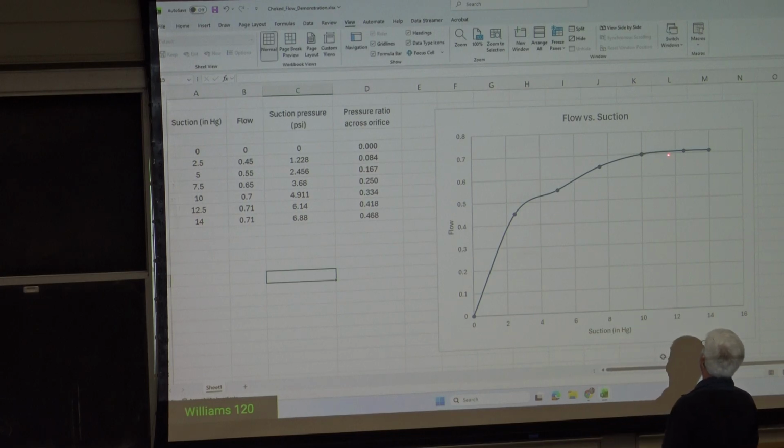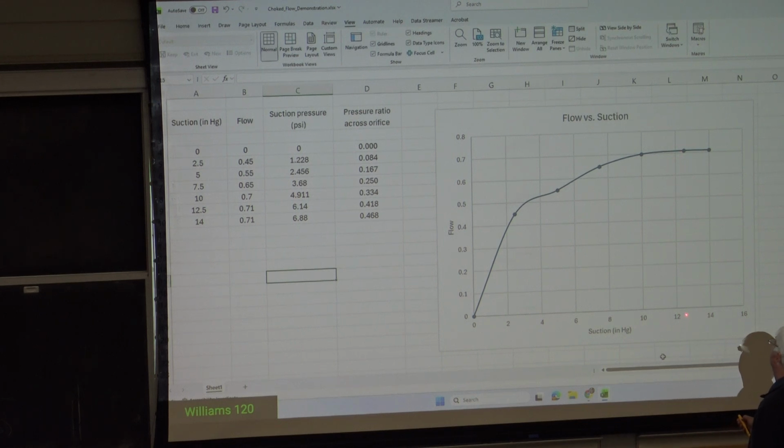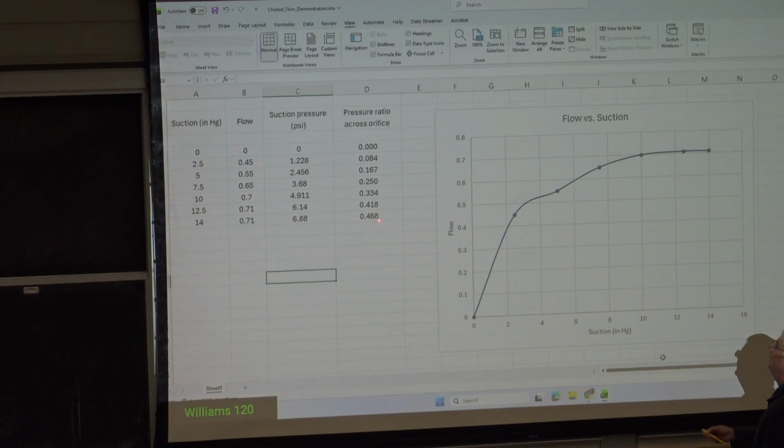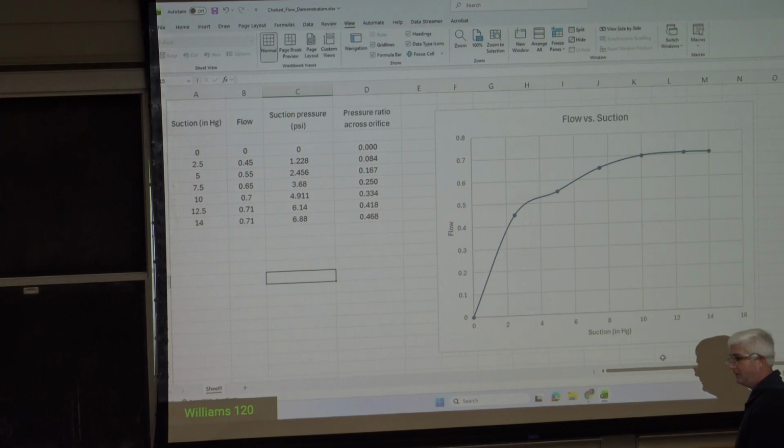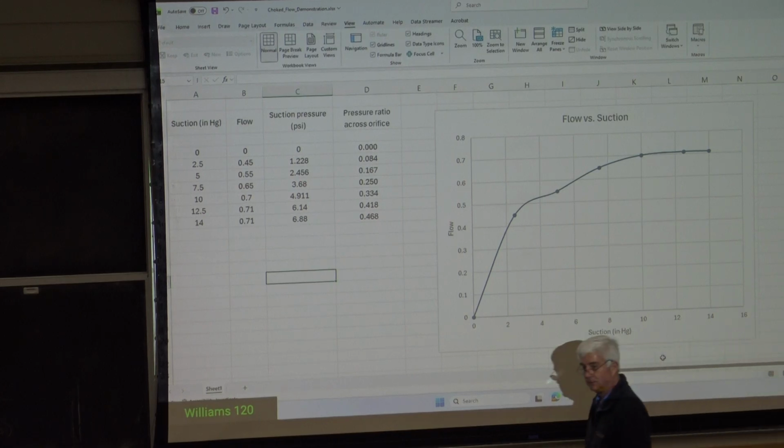And look at that. So I was getting no more flow, even as my suction was increasing. And if I had better instrumentation other than my dial gauges, that's really close to 0.52, 0.53.